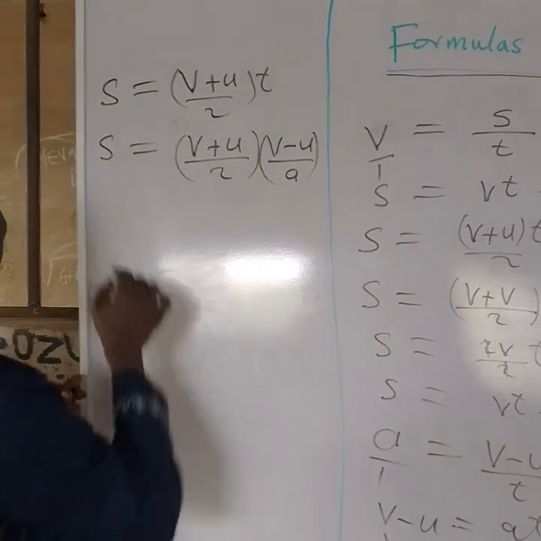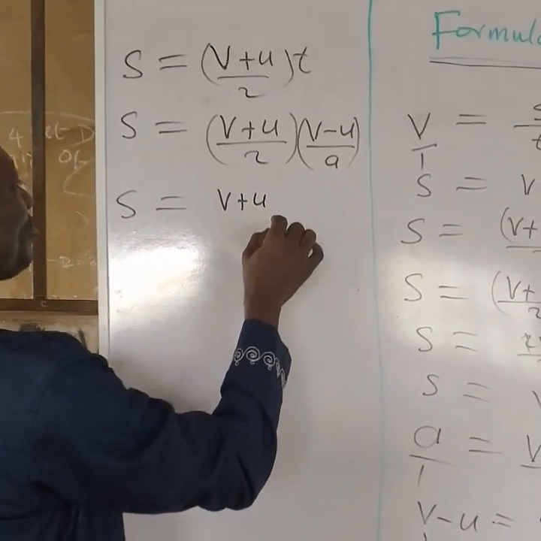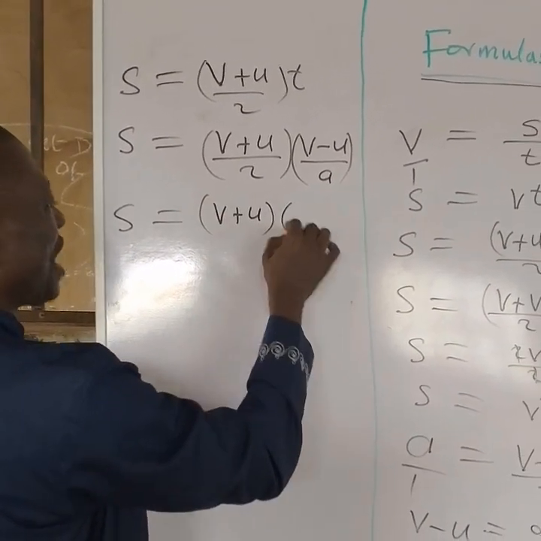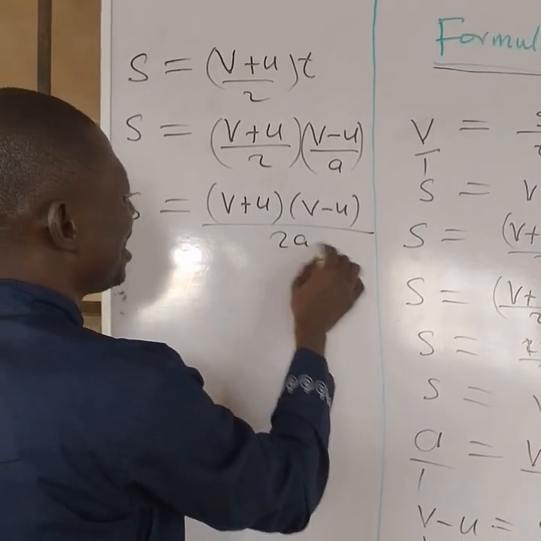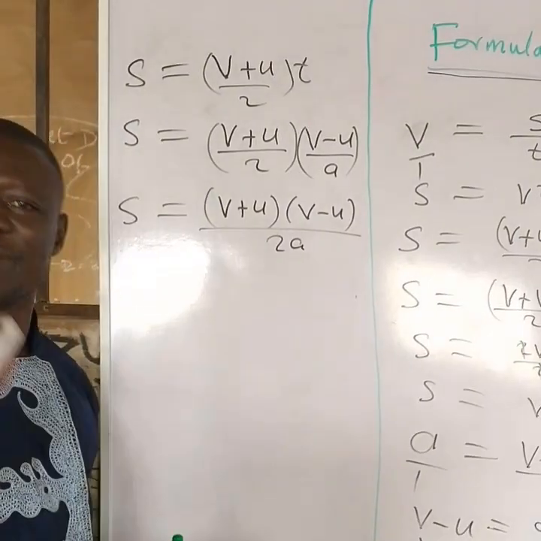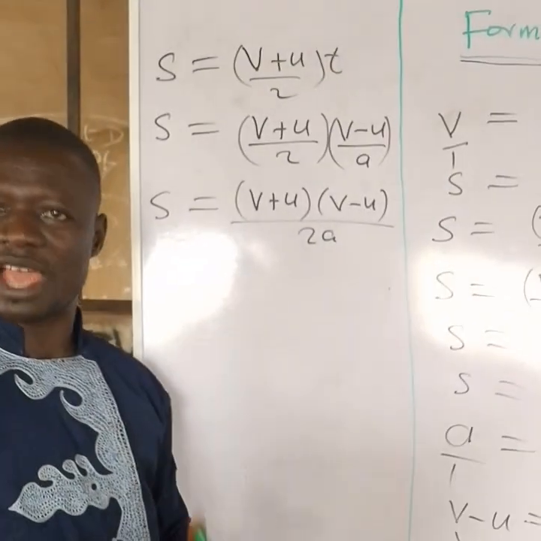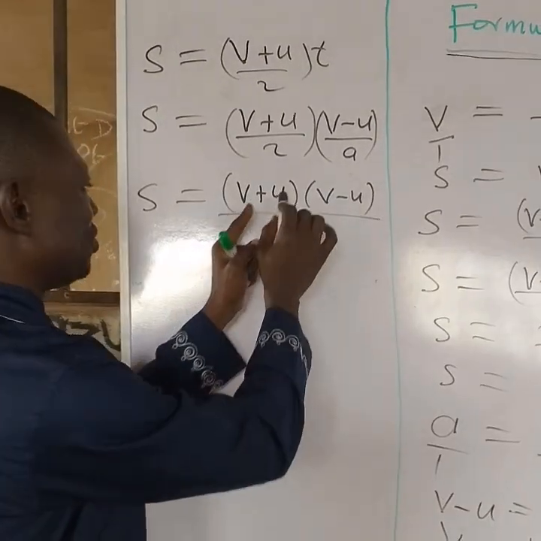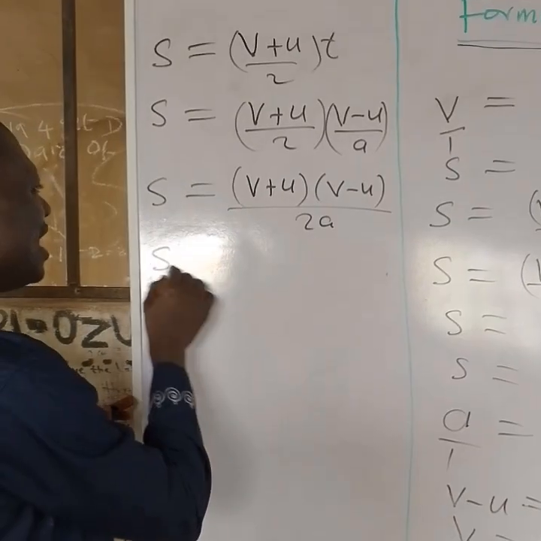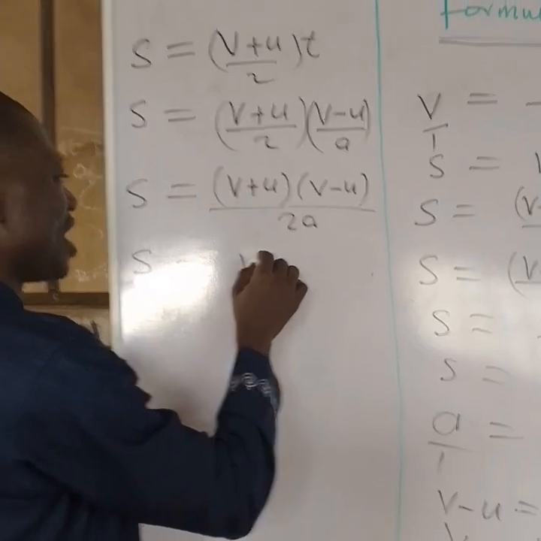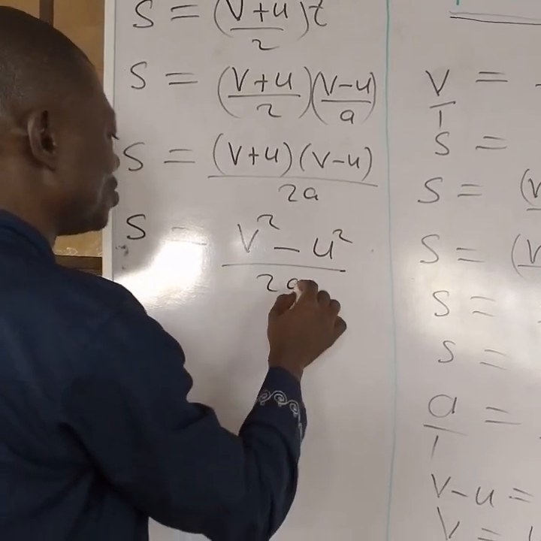Yes, this is S is equal to V plus U in bracket, V minus U in bracket, all over 2A. Do you remember again that what we have as numerator here is like the difference of two squares? V plus U, V minus U. And so we are going to say here S is equal to V squared minus U squared all over 2A.